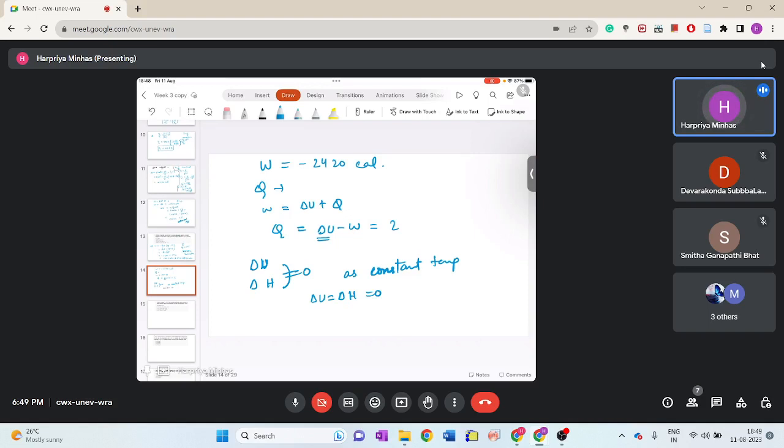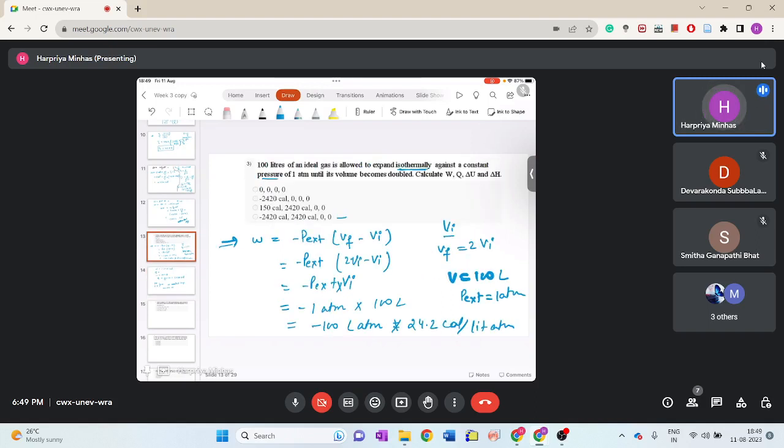After putting the value 0 over here and changing the sign, we are going to get 2420 calories, that is positive. Now go back to the options. We have W equal to minus 2420 and this plus, the sign is reversed, in calories, and your del U and del H are 0. So our option is option D.